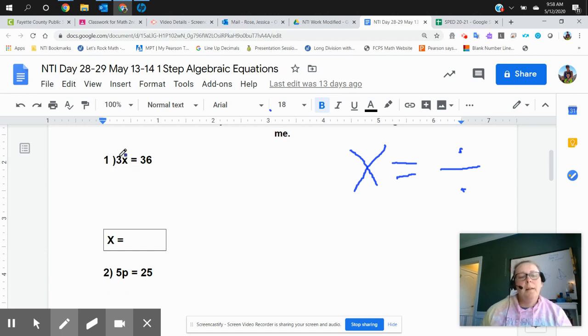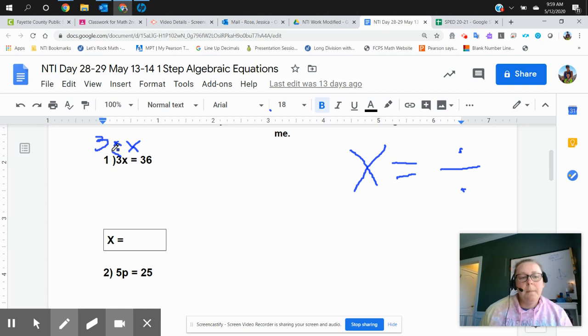And you might be looking at that 3x and you say, well, what's the operation sign? Remember that when a number and a variable, or a letter, are close together, that means that you multiply those two. So remember, side by side, we multiply. So this actually means 3 times x.